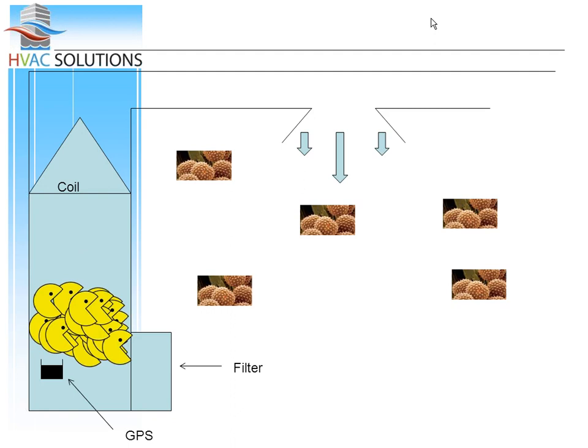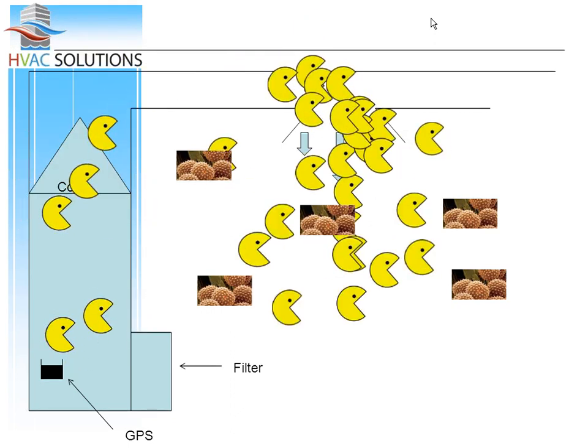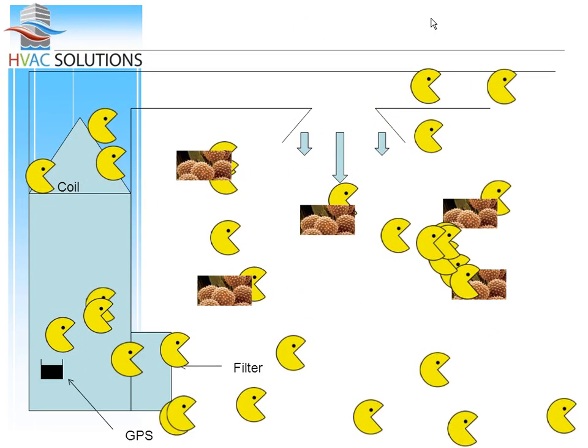Now, the blower kicks on, and we send the Pac-Men through the ductwork and into the space. You see some of them get trapped on the coil. We're doing a good job at cleaning that coil, making sure there's no bacteria or viruses growing on there. And then some are going to actually come back and start cleaning the filter and make their way through.